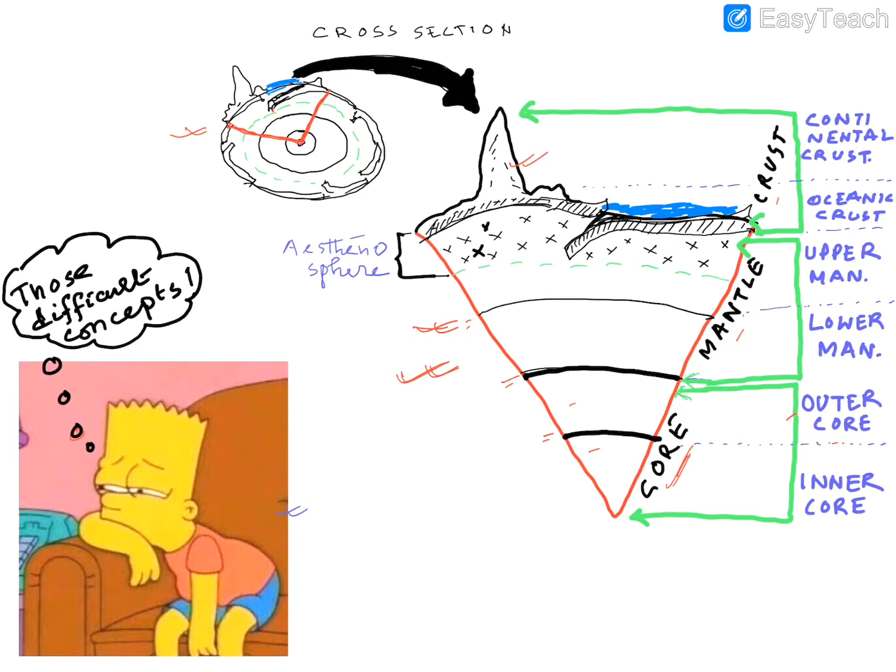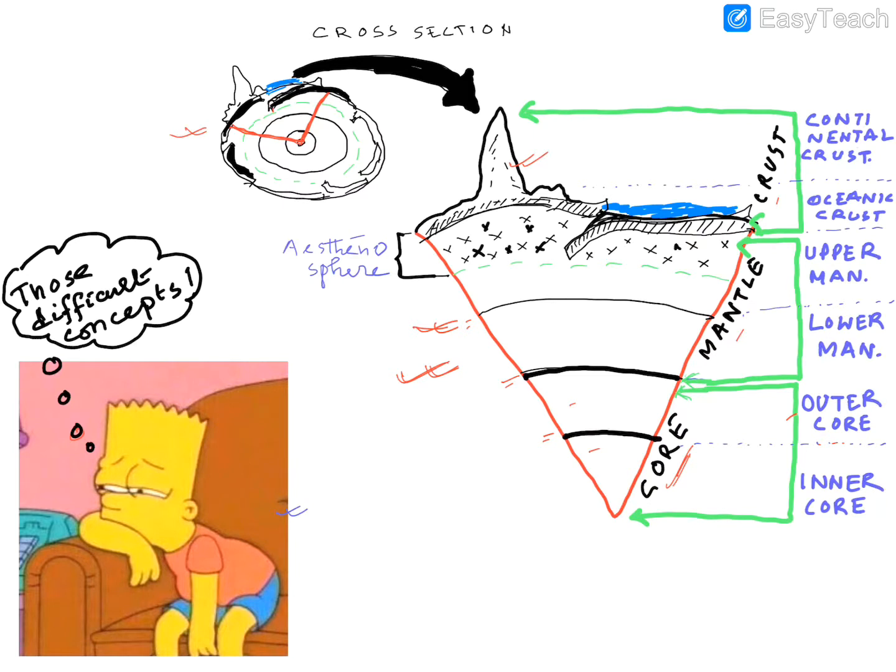So simply, plates are nothing but lithospheric slabs or the crustal slabs, as you can see here in this diagram. See, lithospheric slabs or crustal slabs which glide over the weak asthenosphere.